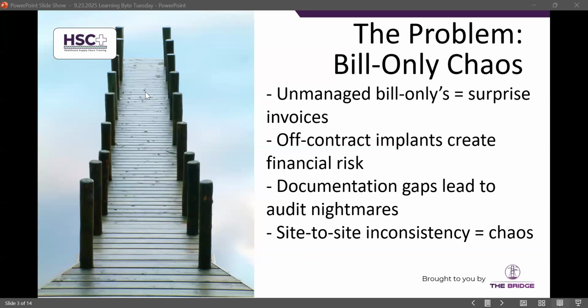So number one, if you are in healthcare supply chain in the OR, you have to have your hands on managing this process. The other thing is off-contract implants create a financial risk. Now, I'm not telling you to put every single item that's on an implant vendor's catalog into your item master.